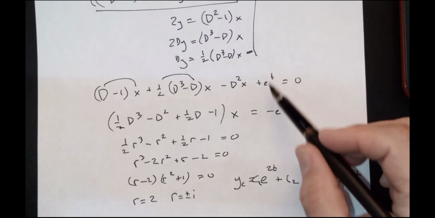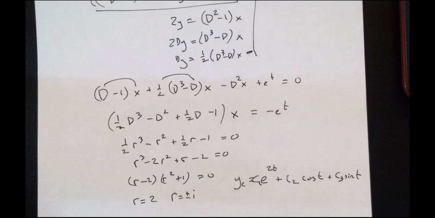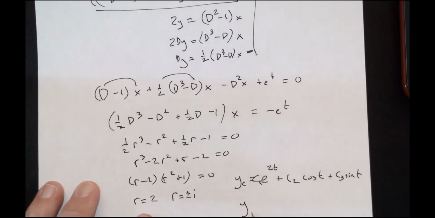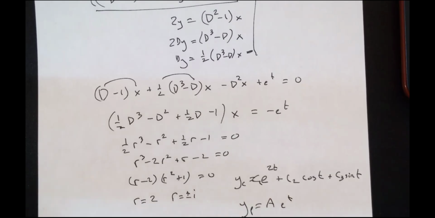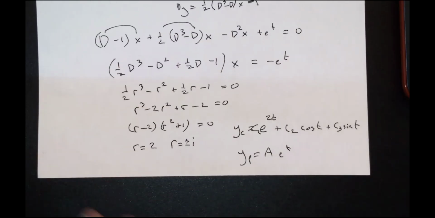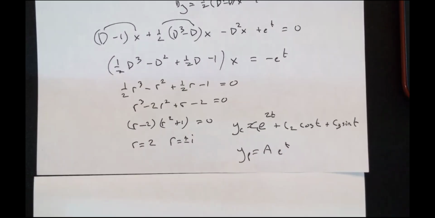But since there's just e to the t and e to the t is not part of any of this, I say that yp should be of the form a e to the t. So then all of the derivatives are the same thing, aren't they?